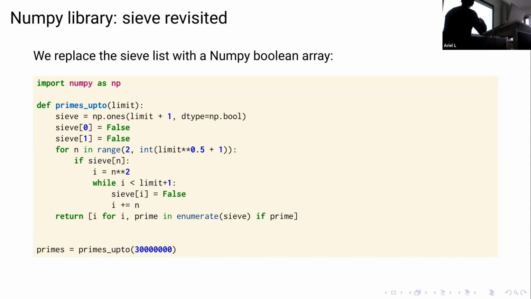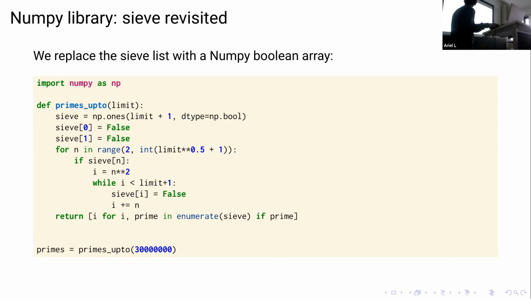If you compare, the only thing we are modifying is importing NumPy and creating my list as a NumPy array, where every object, up to the limit I pass to the function, is of NumPy Boolean data type. Just modifying this single line.